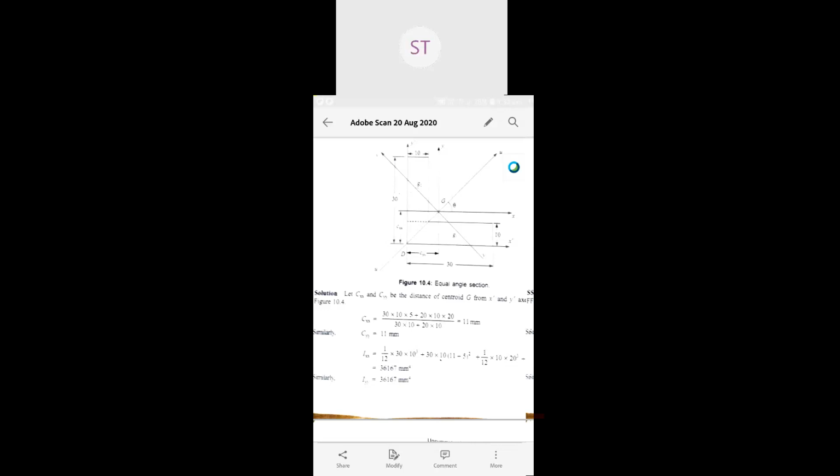For the x dash axis, if we are finding Cxx, we need to find the distance according to that x dash axis, for both sections, A1 and A2. For the below part, what is the central distance from the x axis? This is a rectangular section, so there is no confusion.